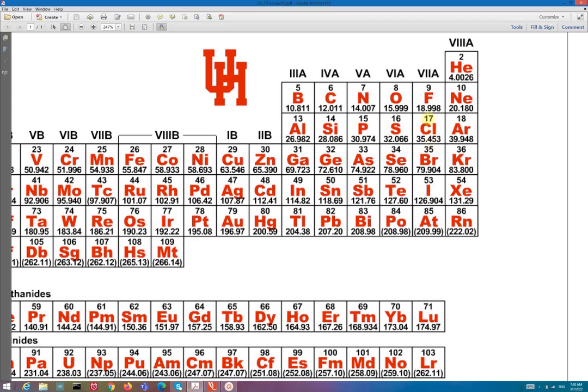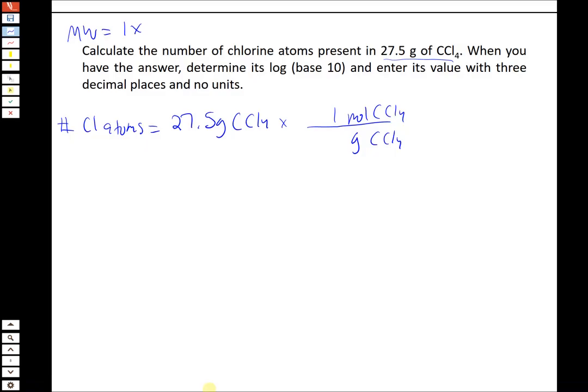So here we didn't give you the molar mass of the compound, so you do have to calculate it again. So we're going to use, again, the atomic masses of the 2 elements that make it up. So for carbon, it's 12.01. And then we have 4 chlorines in the formula, CCl4, so we're going to use 4 times the atomic mass of chlorine, which is 35.45 grams per mole.